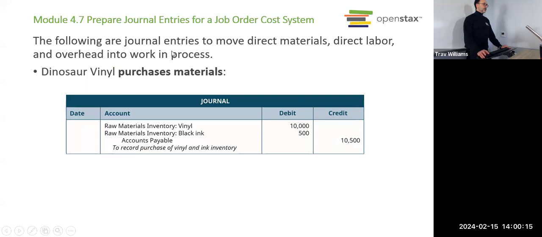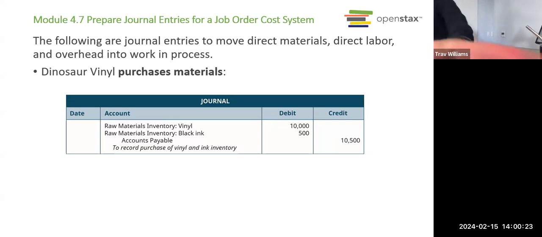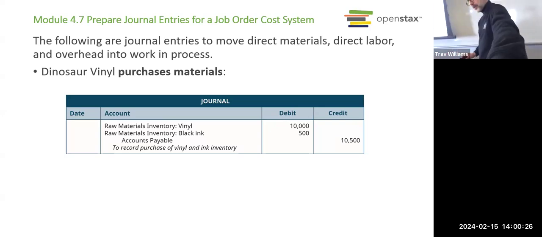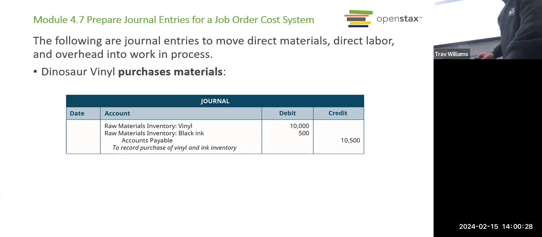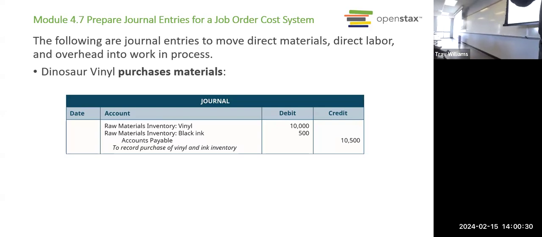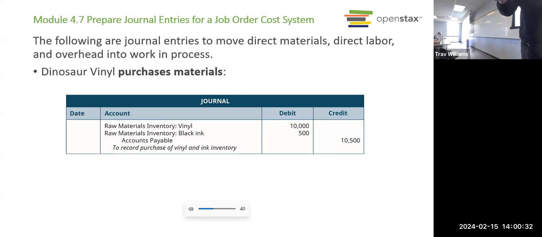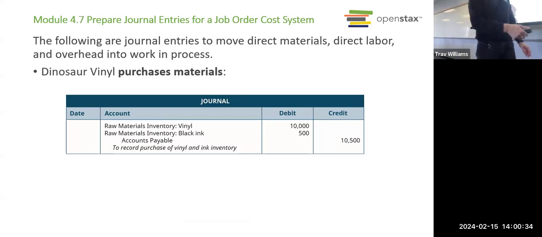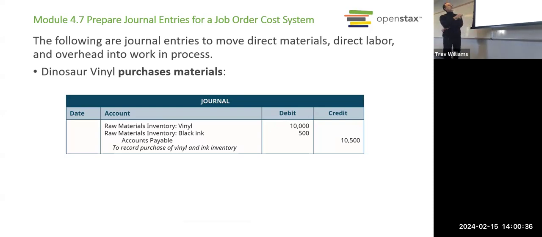So prepare journal entries for a job order cost system. Journal entries are easy, right? We know how to do those. Let's take a look at what's going on all the way through the process, starting with the direct materials. The company bought some materials.